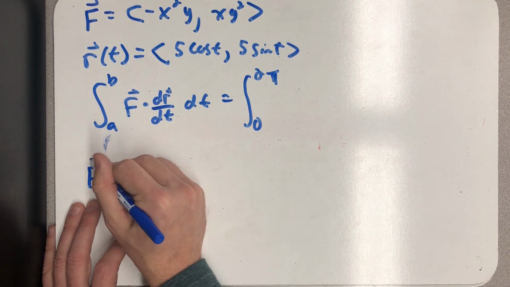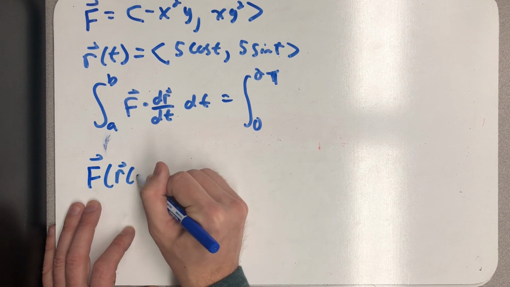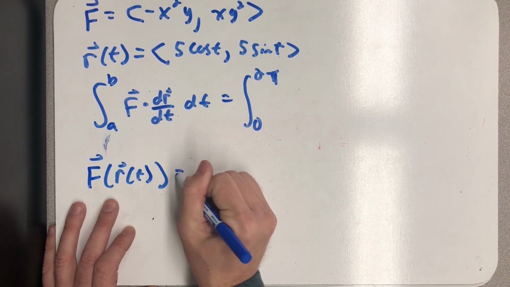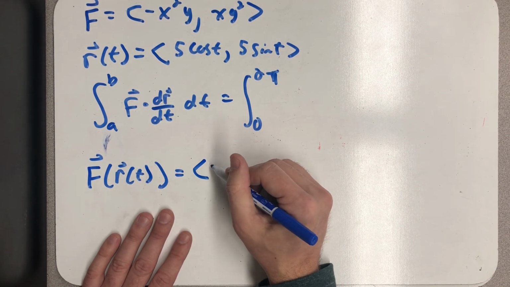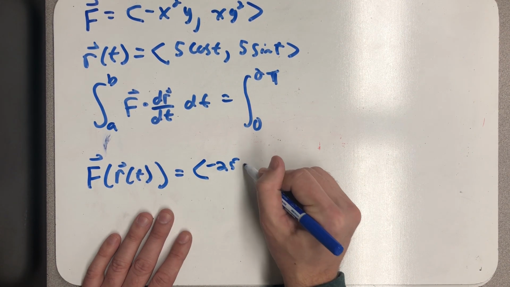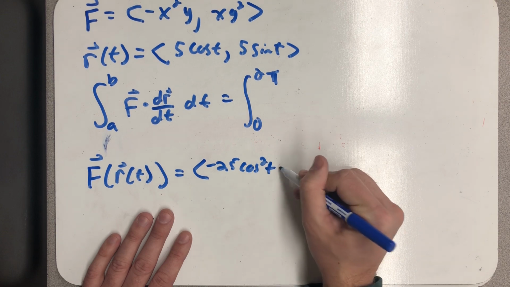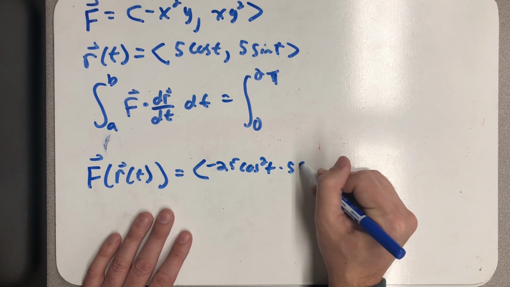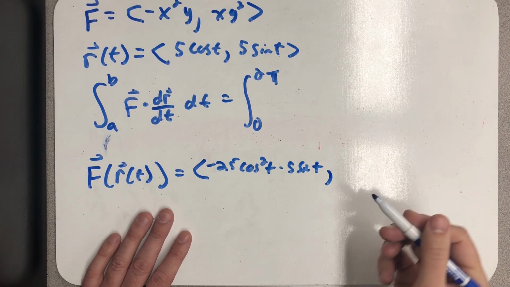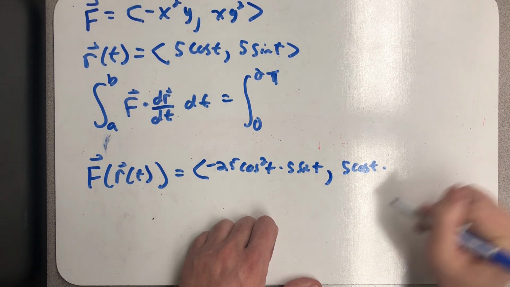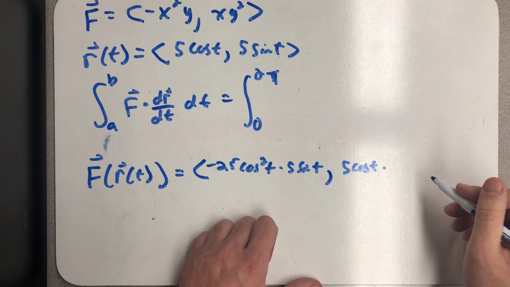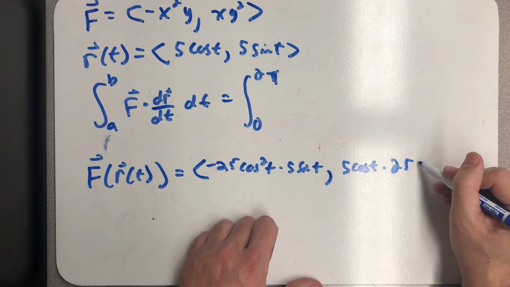So let's find F of r of t. Well, that's going to be minus 25 cosine squared t times 5 sine t, and then I'll have 5 cosine t times 25 sine squared t.